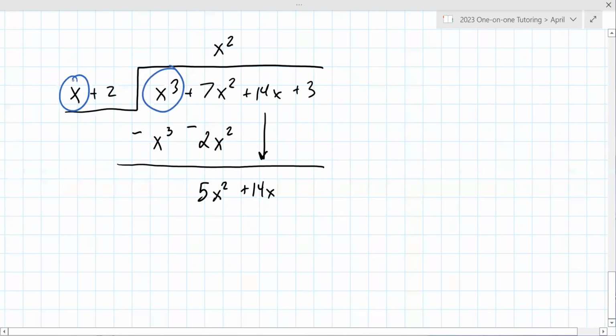What do you multiply x by to get x cubed? And that becomes x squared. Because now we're focused on what do you multiply x by to get 5x squared? That's where we're moving here on this problem.